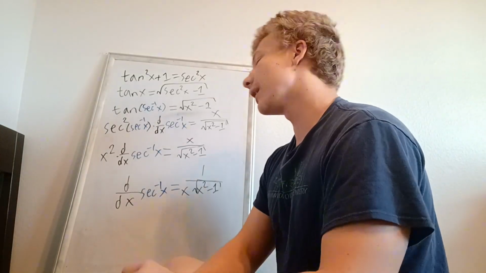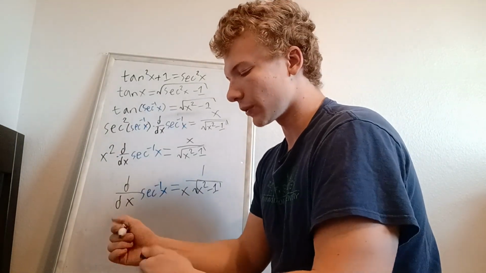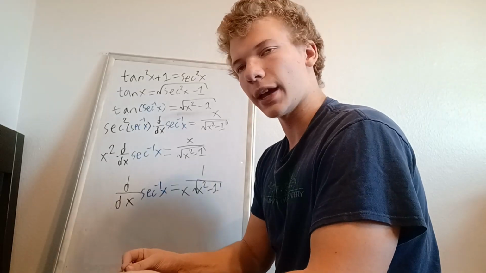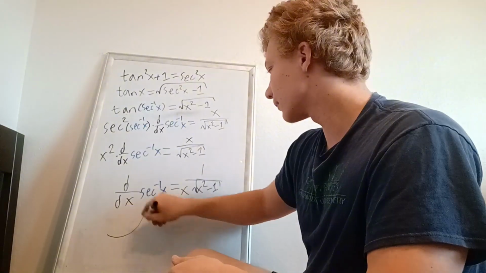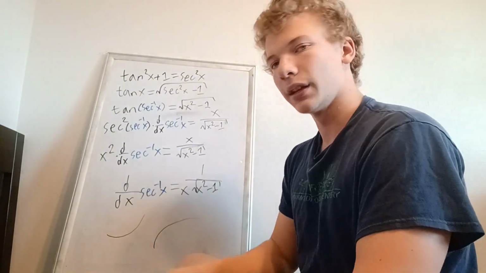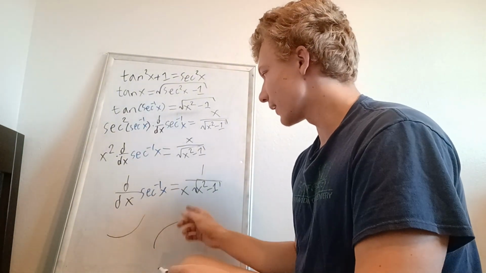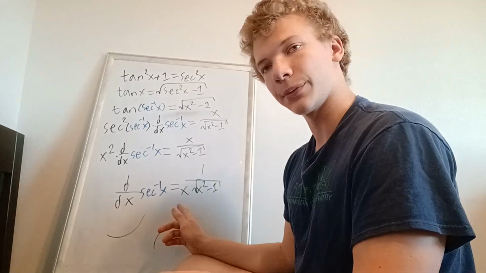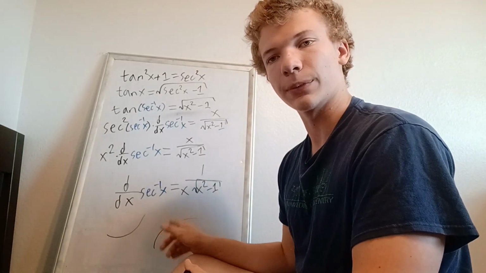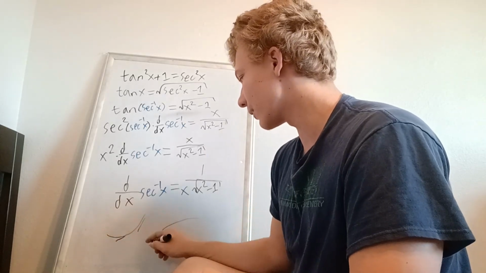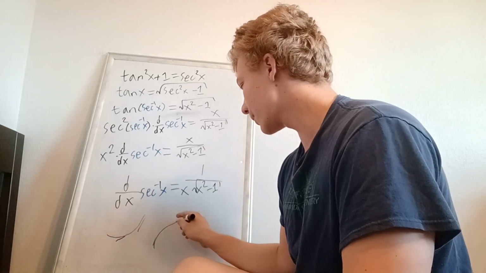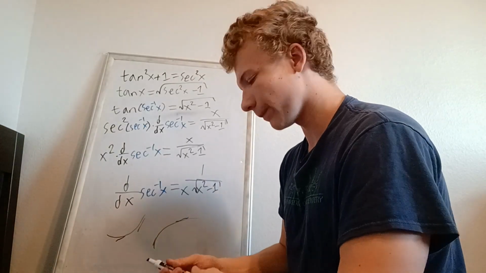Now, here's something to consider. The graph of arcsecant x looks something like this. Now, the problem with this is that this has a derivative which is always positive. See, if you take here, positive derivative, positive derivative, positive, still positive, even though it's really small.